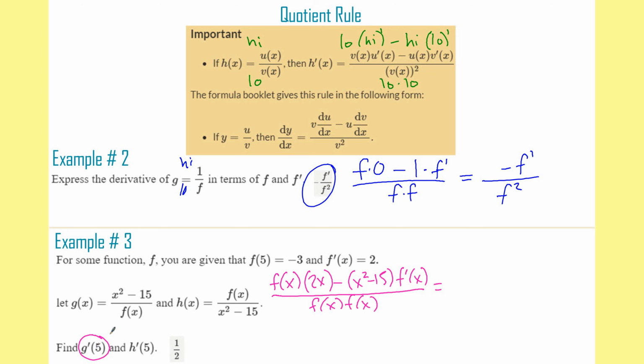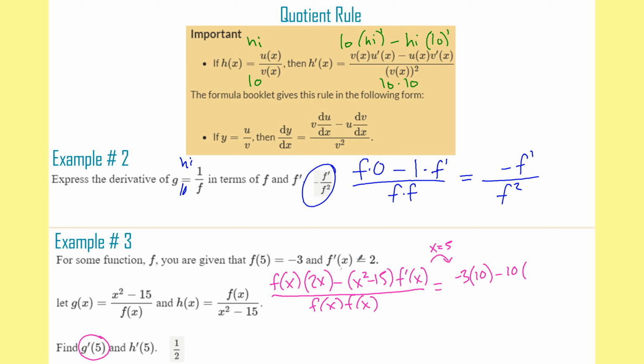So now we plug in where x equals 5. So when f is 5, it's negative 3 times 2 times 5, which is 10, minus 25 minus 15 is 10.